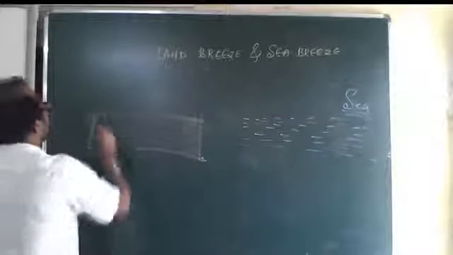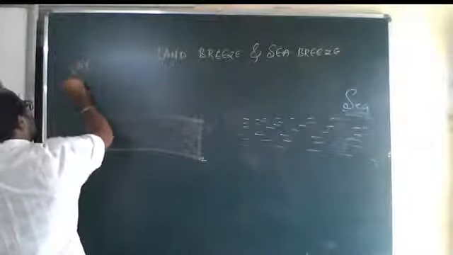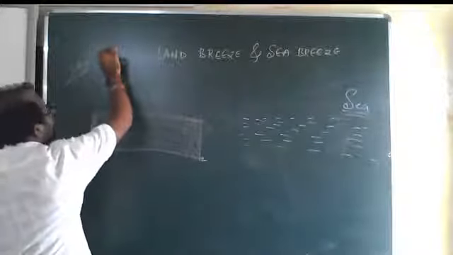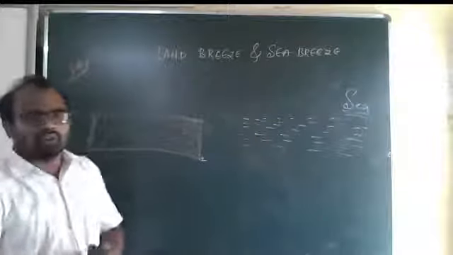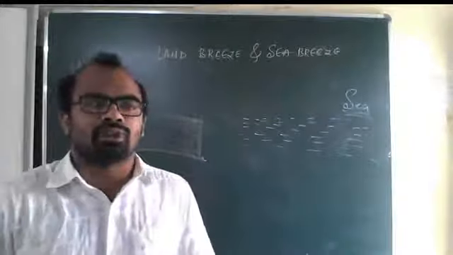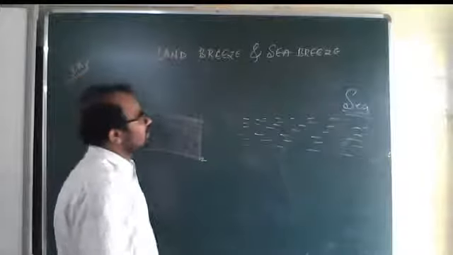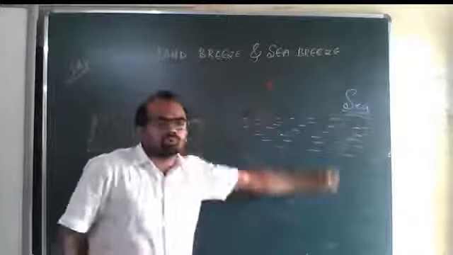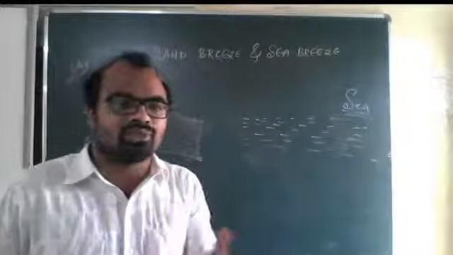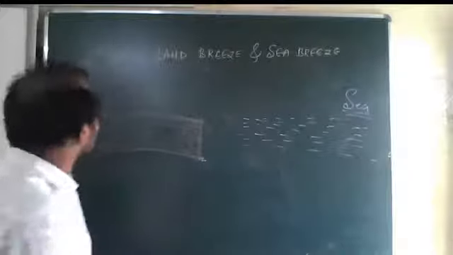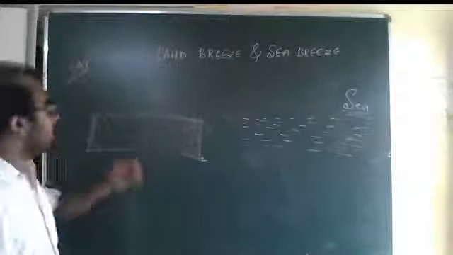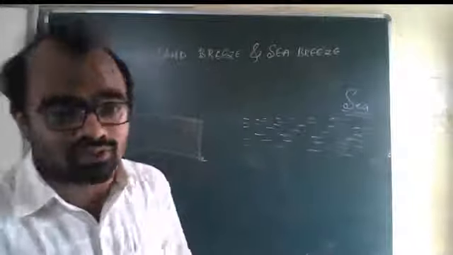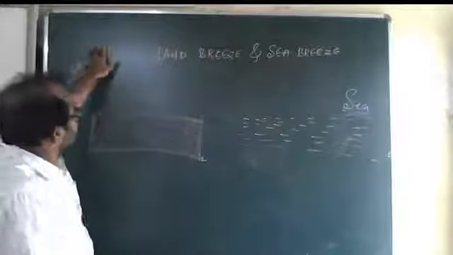For example, see here, in the daytime what happens? There will be more heat that the land is absorbing. One question you might ask me: the sun gives the same amount of heat to the sea and the same amount of heat to the land, but land heats up fast and cools down fast.